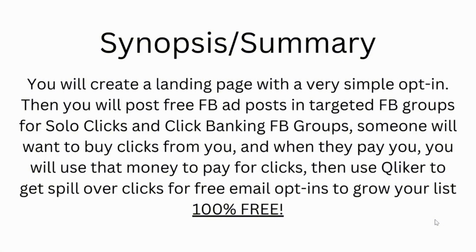But that's basically how you would build your email list, because with these spillover clicks, the same people that are clicking on the page that you are providing clicks for get spilled over, and they're going to see your page. They're going to see your opt-in, and they're going to opt into your page, and you're going to be able to capture their email and build an email list completely free.